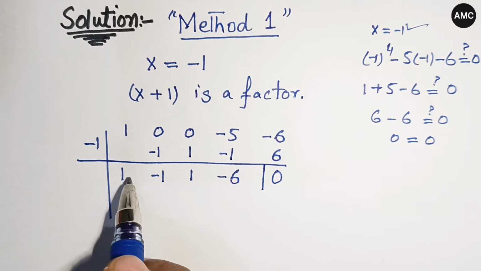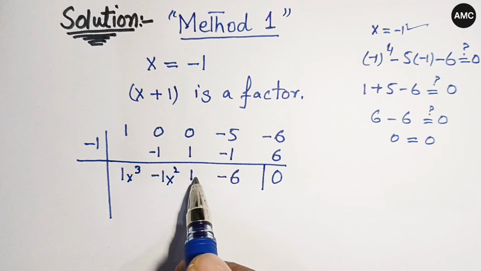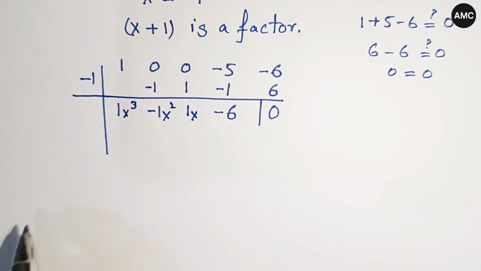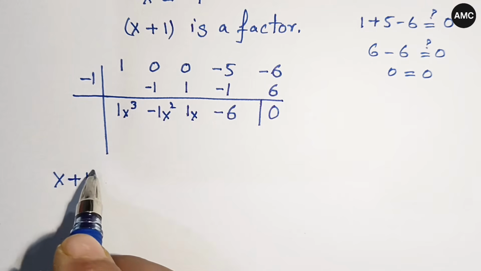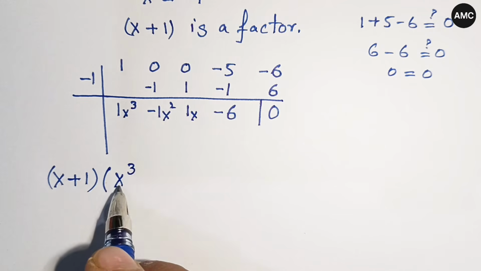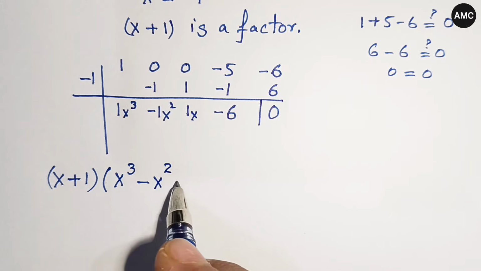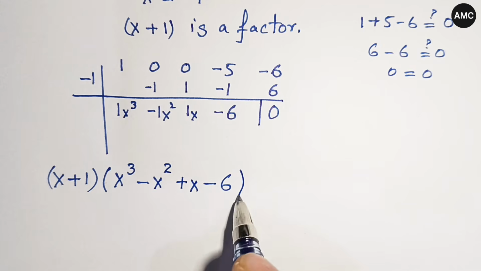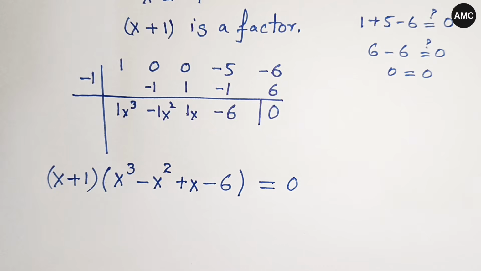Here we have the coefficient of x cube, it is x squared and it is x, and this is the constant. Now we have the first factor x plus 1, and our second factor will be x cubed minus x squared plus x minus 6, where minus 6 is the constant, and it is equal to 0 according to our problem.